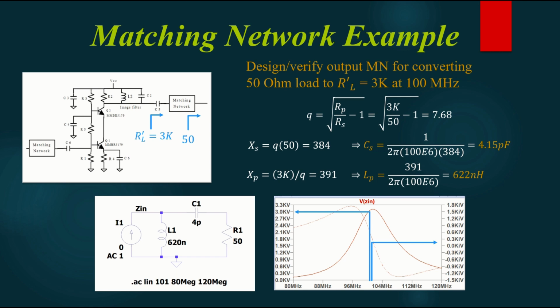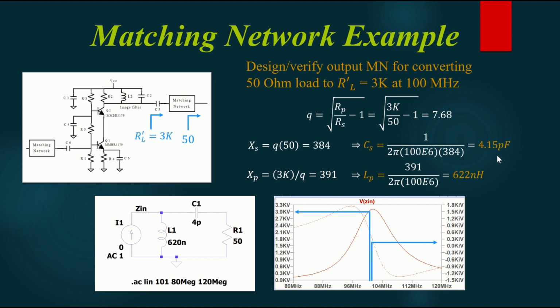While you're thinking about that, let me show you a simulation I did to check the final values that I got. So here's the computation of those values. The little q value needed to convert from 3K to 50 ohms turned out to be 7.68. And that gave us an XS of 384 and an XP of 391, according to the formulas we worked out. And the C value then, if the series leg is a capacitor, is 4.15 picofarads.